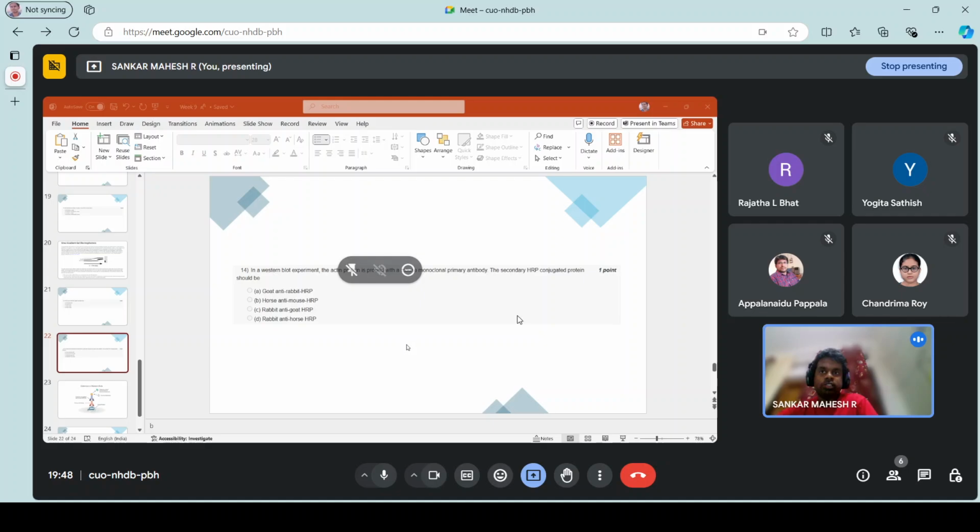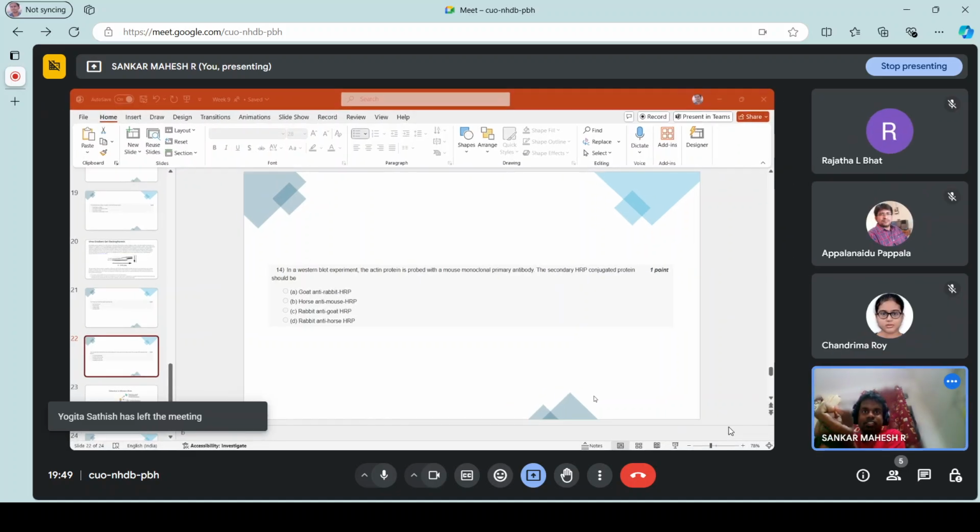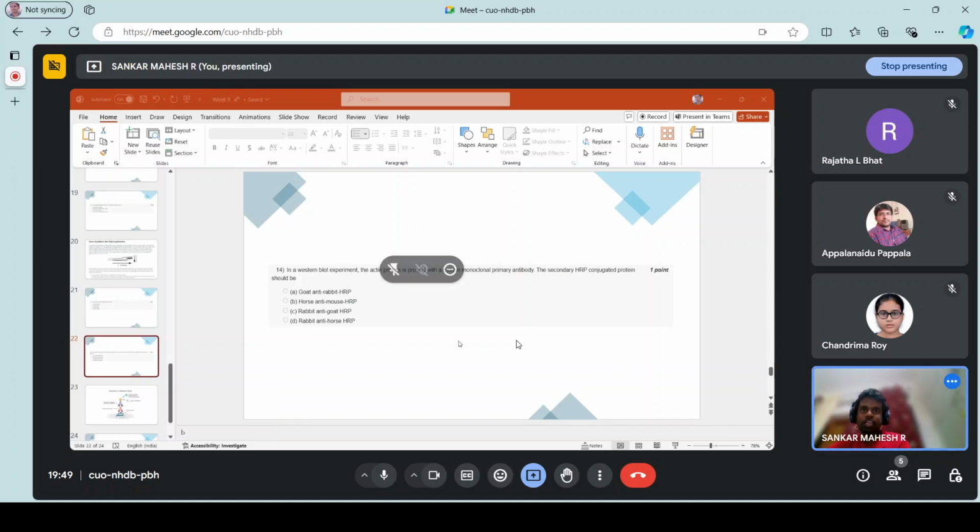So the question here is, if the actin protein is probed with a mouse monoclonal primary antibody, the secondary HRP conjugated protein should be what? So what one needs to understand here is that independent of what your primary antibody is targeting, it can be a his tag, it can be a GST tag, that doesn't matter. As long as your antibody is raised in a particular organism, like in this case, they say it is mouse.